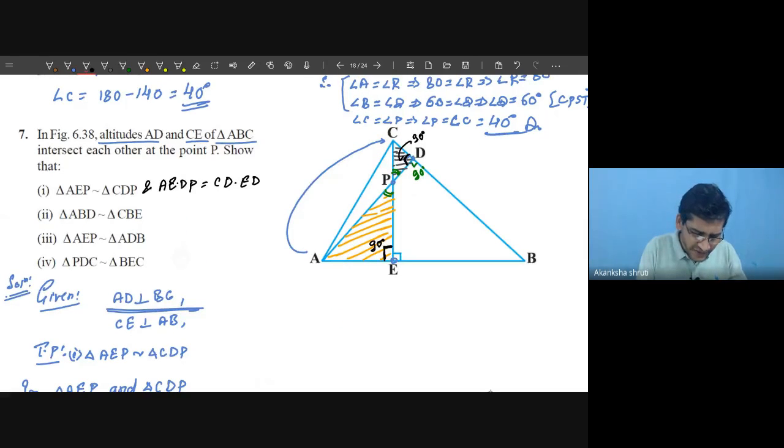So whether it is asked for proving the similarity, or whether you have to prove this product of these two or the ratio of two, the first thing is you have to prove the similarity. That is the basic concept.